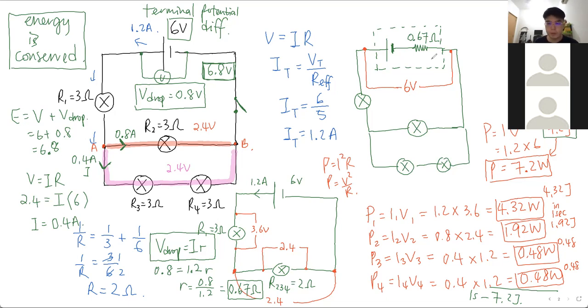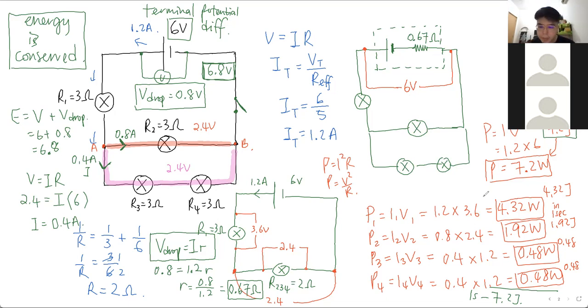Now, if the question asks you, which bulb is the brightest? The answer is, you look for the one that has the highest power. Okay, brightness equals power consumed. The more power you consume, the brighter you are. Okay, we cannot look at current alone, because voltage also has an effect. You have to look at current and voltage together, so that is power, because P equals IV.